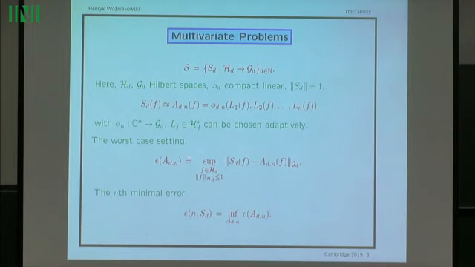That's why immediately I would like to study the best possible choice of A_{d,n}, namely the nth minimal error. So I am taking the infimum over all possible algorithms of this form, and this tells me about the intrinsic difficulty of a problem, right? So little n is fixed, so in effect the budget or the cost of the mapping is fixed, and we would like to know how this nth minimal error looks as a function of d in particular.